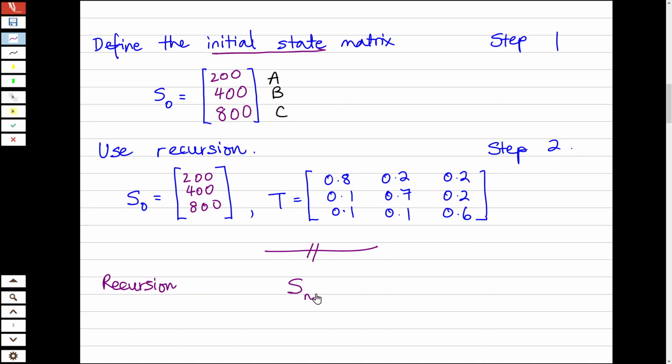The way to get the next week, Sn plus 1, is to multiply the previous state by the transition matrix. Okay, so if I want S1, what I will do is I will do T times S0. And I'll create another matrix with some different numbers. And that will tell me how many people are at each restaurant after 1 week.